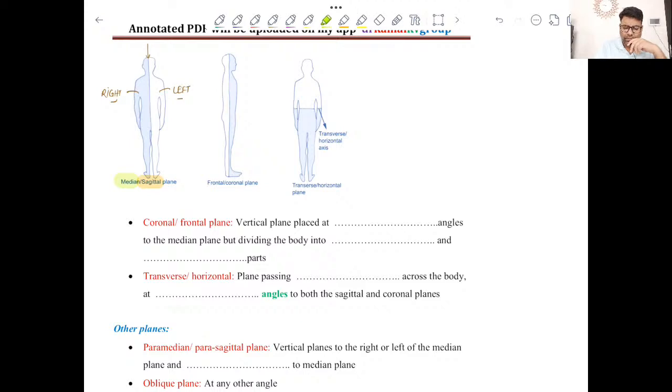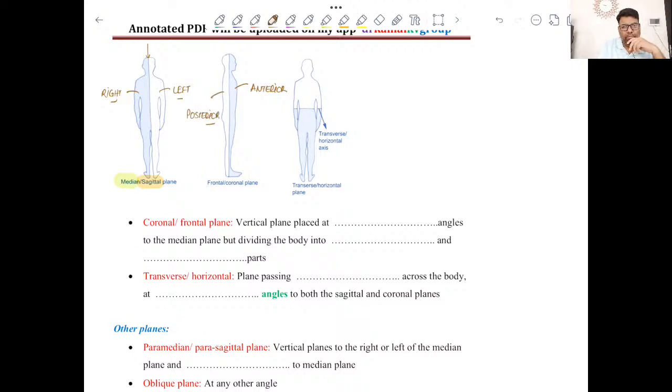Now what if we pass a vertical plane along the body, but at right angle to this sagittal plane, right? In such a case, if we pass a plane like this, it will again divide the body into two halves. One is the anterior half and the other is the posterior half.